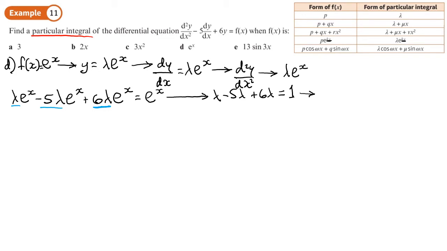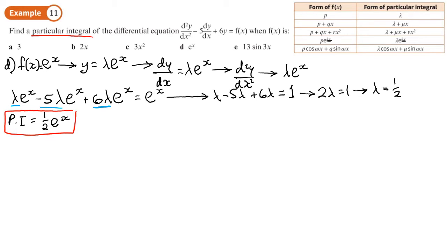Lambda minus 5 is minus 4 plus 6, yes, so 2 lambda equals 1, which gives us lambda equals a half. So our particular integral, the form of a particular integral, is going to be a half e to the x. So we'll just highlight that before moving on to the last one, part E.